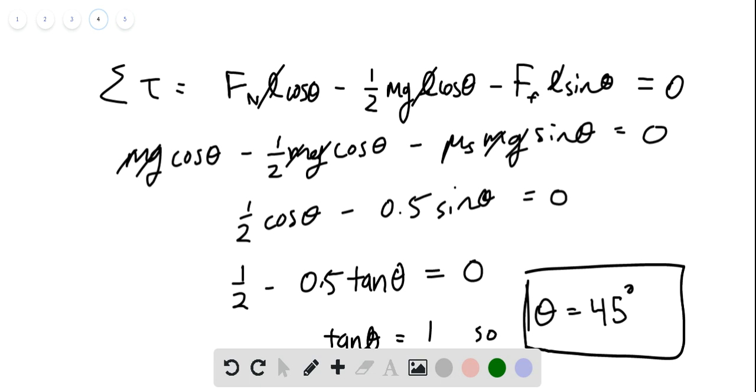If you add that to the other side and multiply by 2 on both sides, tangent theta equals 1. And so theta equals 45. The minimum angle that they fall at is going to be 45.